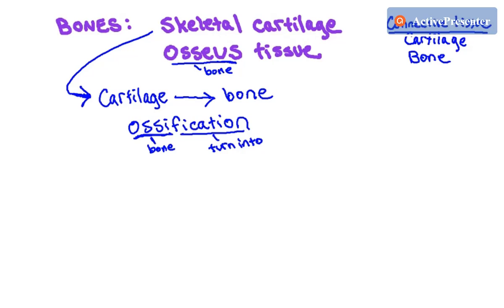Through ossification in utero, called endochondral ossification, which we'll get into in a minute, the cartilage is slowly converted into bone. That process continues until you're in your mid-20s, when any of the cartilage that was going to convert into bone has converted.